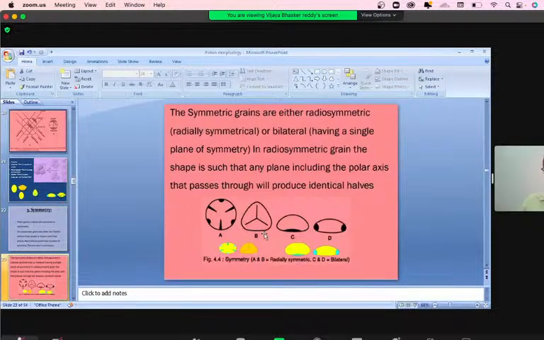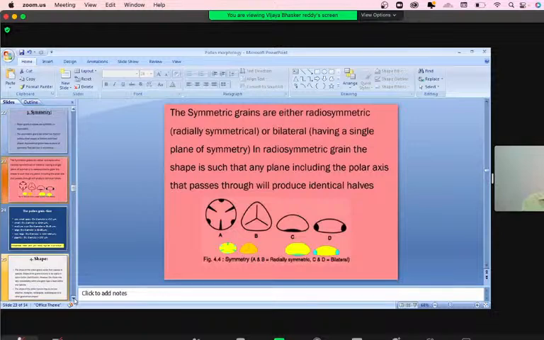Most angiosperm pollen is radially symmetric. Whereas bilateral symmetry means only two planes give two equal parts, and other planes cannot. That is called a bilaterally symmetric pollen grain.